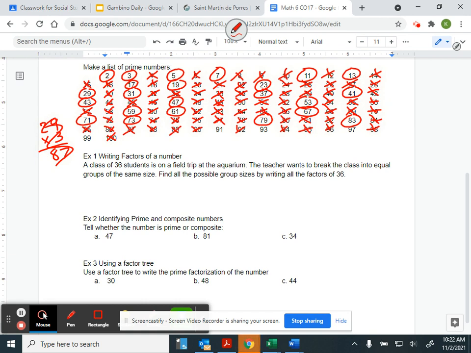I did it over on the side too. 91 is prime. 93 is prime. 97 is prime. 99 is 9 times 11. So for numbers below 100, those are our list of prime numbers. You're going to want to know this for when we work on our prime factors.